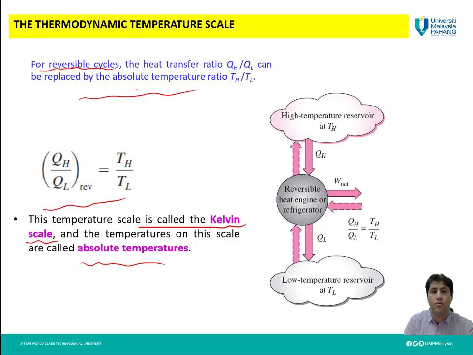Our purpose is to reach this statement. For a reversible cycle, the heat transfer ratio, QH by QL, can be replaced by the absolute temperature ratio, TH by TL. But what is this absolute temperature actually?